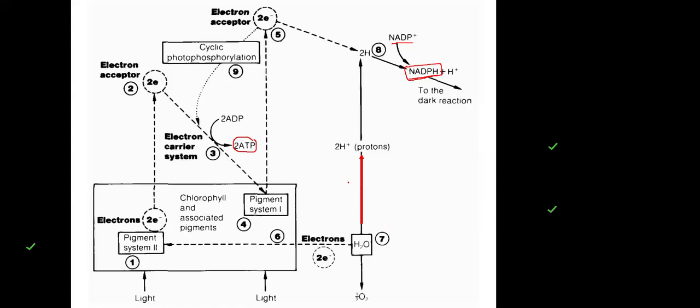So that's why at some point I told you that whereas the dark stage can take place without light, the dark stage will never happen unless the light stage has first happened, because without the light stage first happening and producing these things, then it means the dark stage has nothing to work with. So that is very, very important.